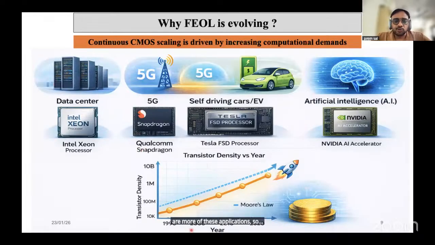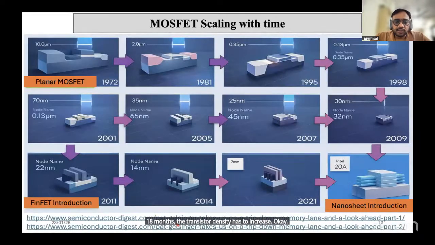And this is just Moore's law: every 18 months, the transistor density has to increase.